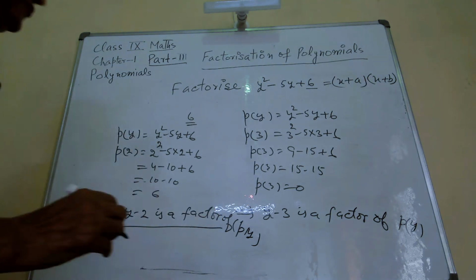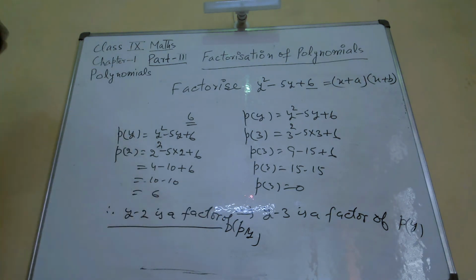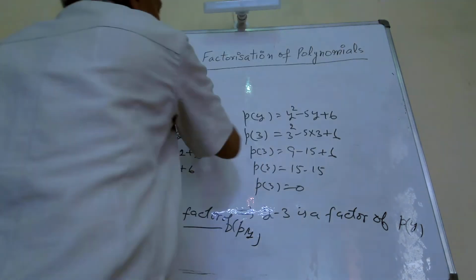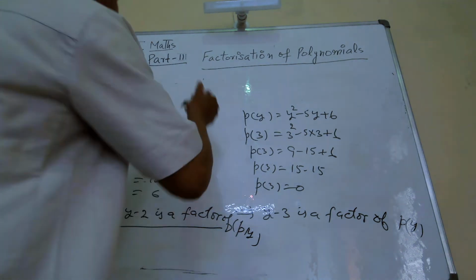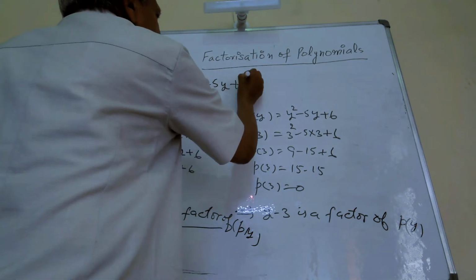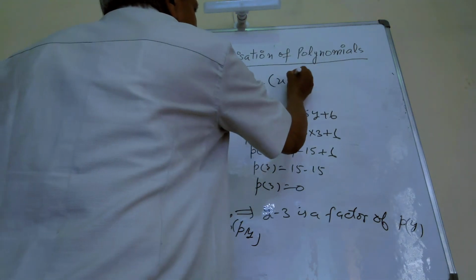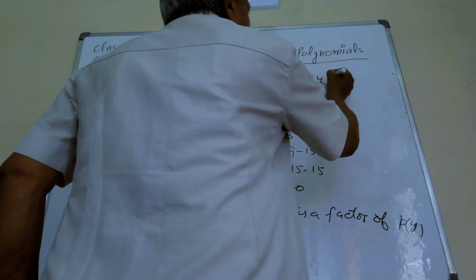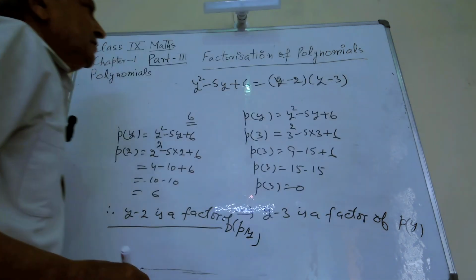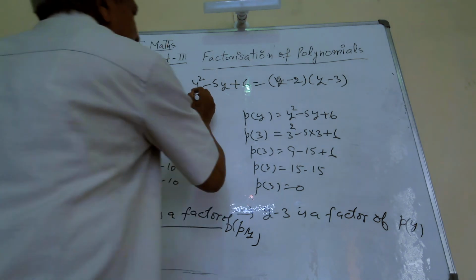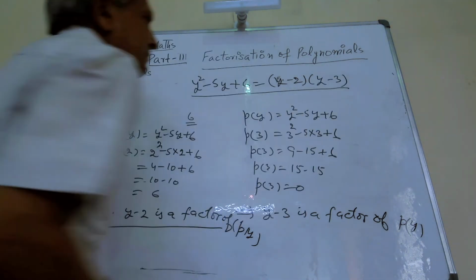So therefore, the factors of y square minus 5y plus 6 are y minus 2 and y minus 3. These are the two factors of this polynomial.